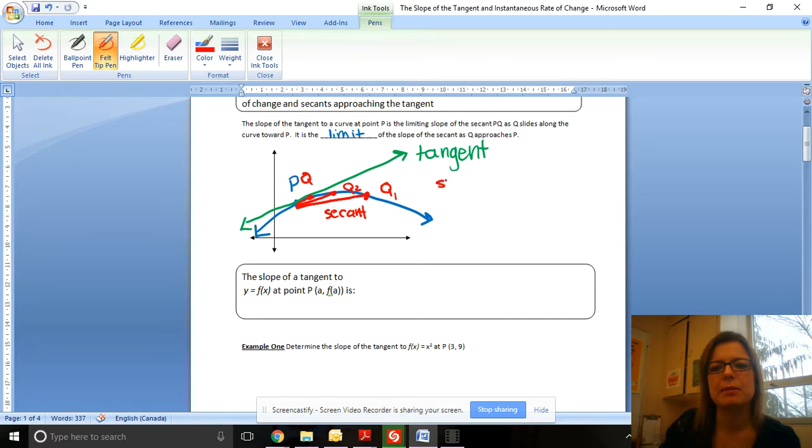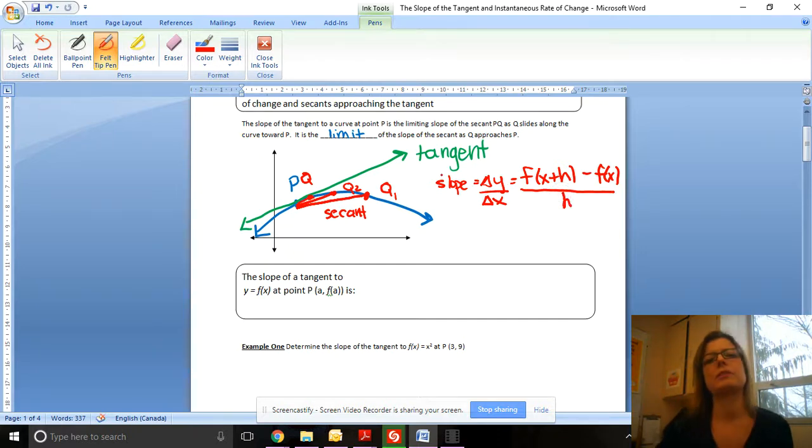Remember that the slope is delta y over delta x. That is whatever f at x plus h minus f at x, divided by h. That's the difference quotient that we learned back in advanced functions.